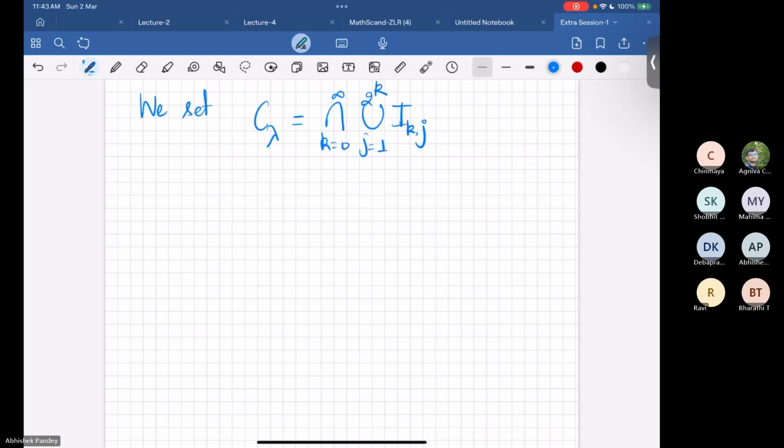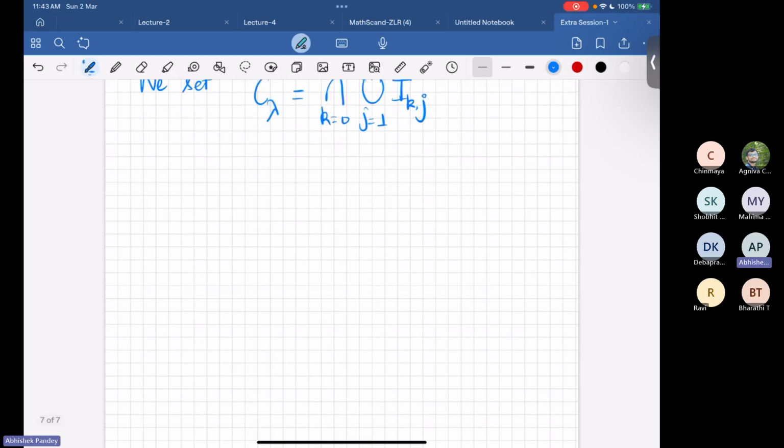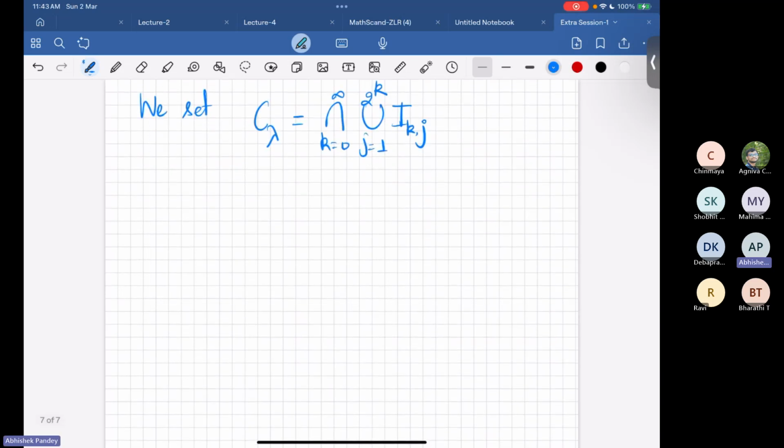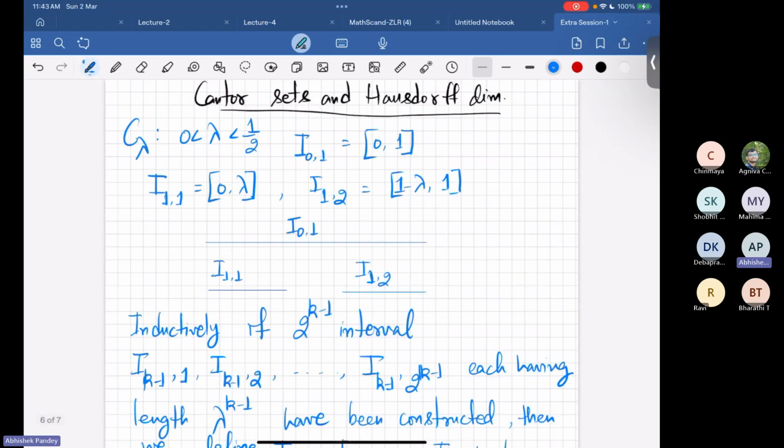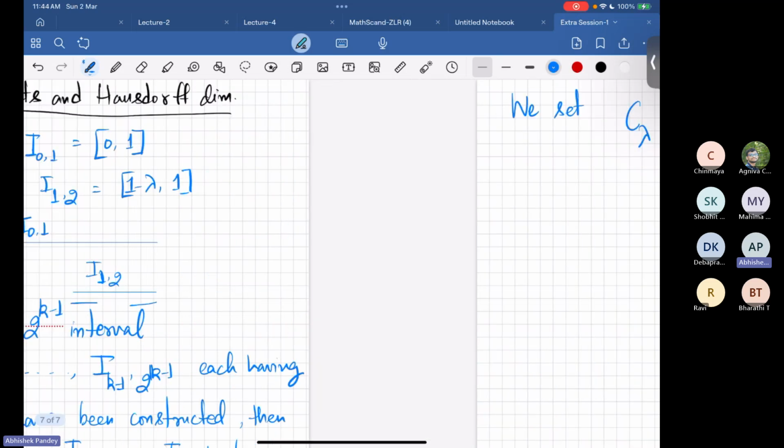Okay. So again, the construction looks like this one, and again you have some interval removed here and here, and this process will follow.